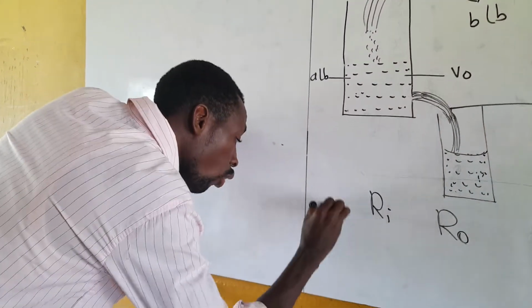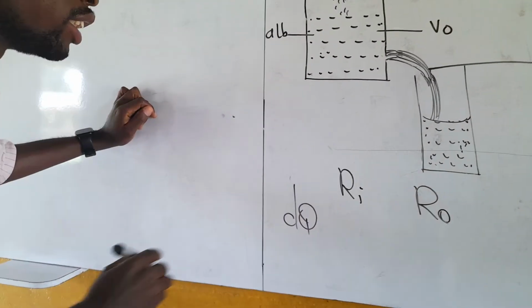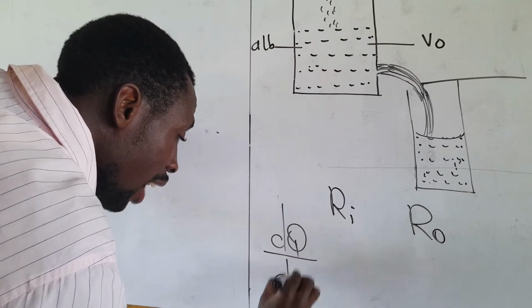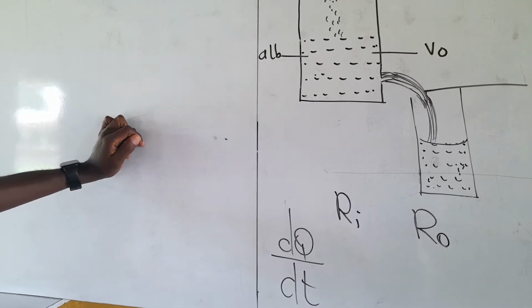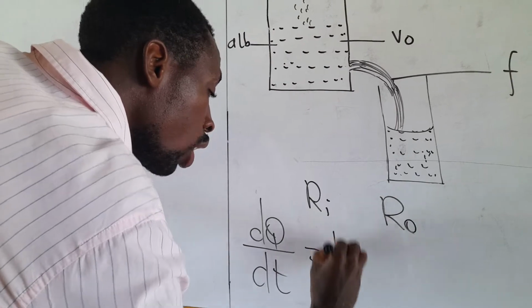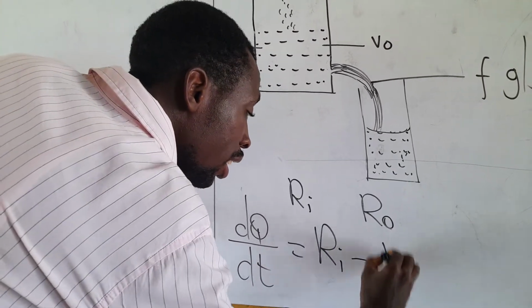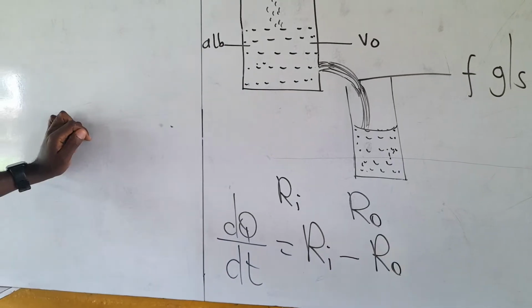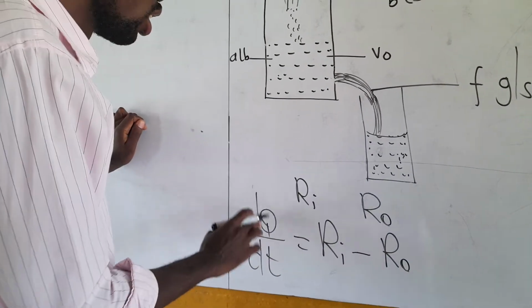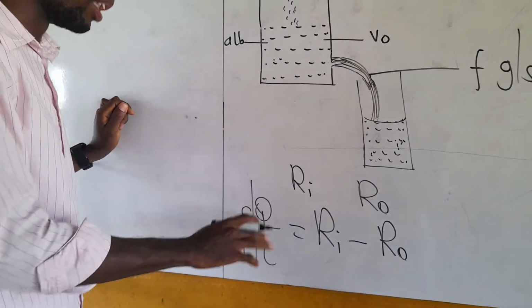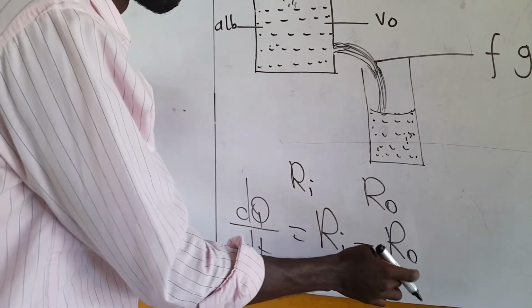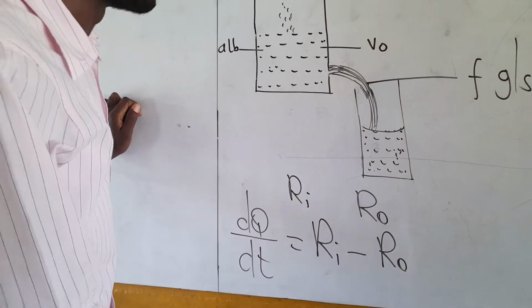Then the rate of change of the quantity of salt in the jar at any point in time, dQ over dt, will be equal to the quantity that enters the jar minus the quantity that leaves the jar. I hope you get that. So we can say dQ over dt is equal to R in minus R out.